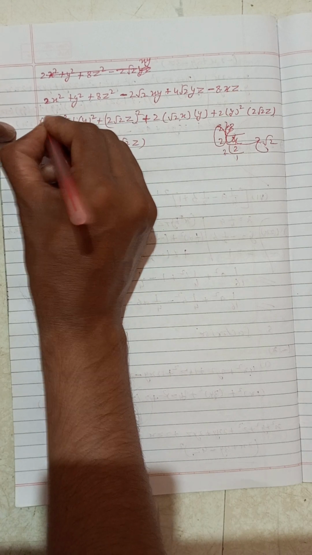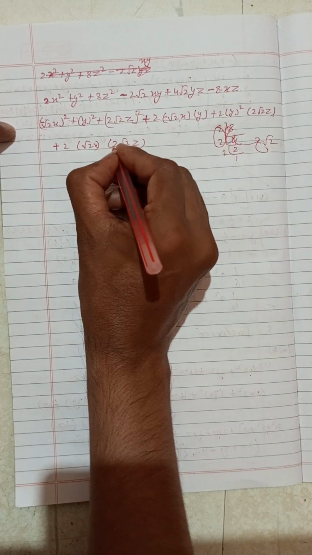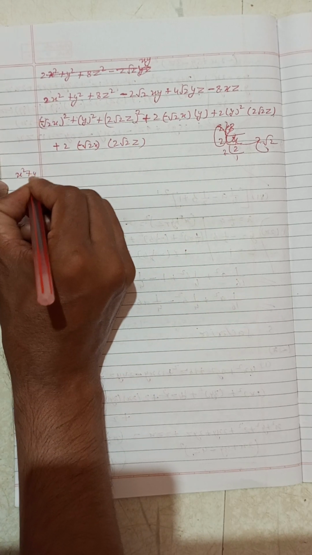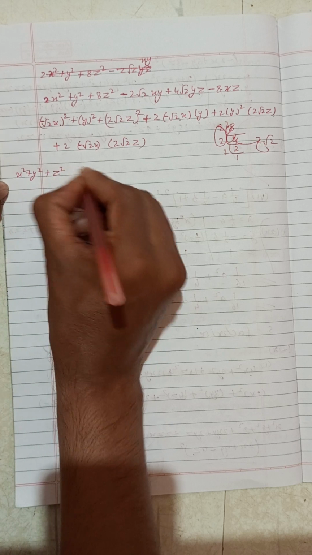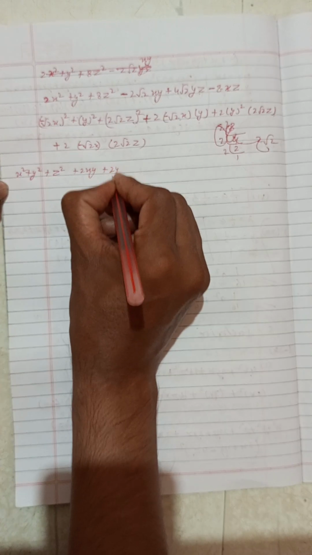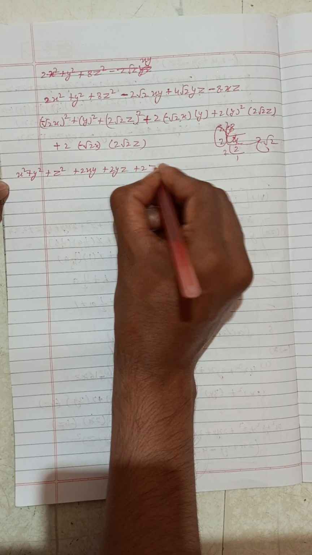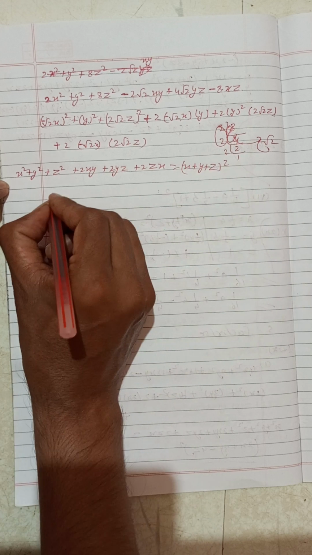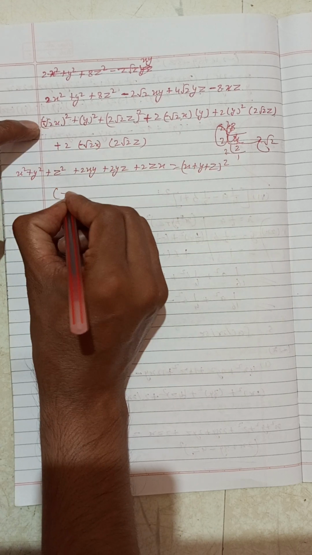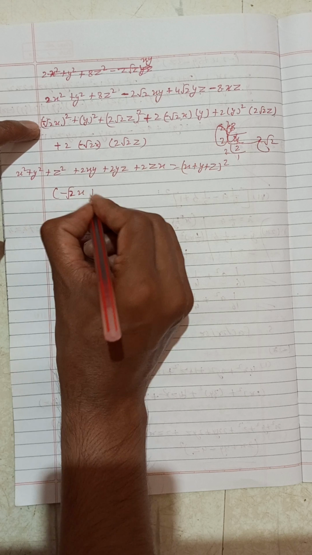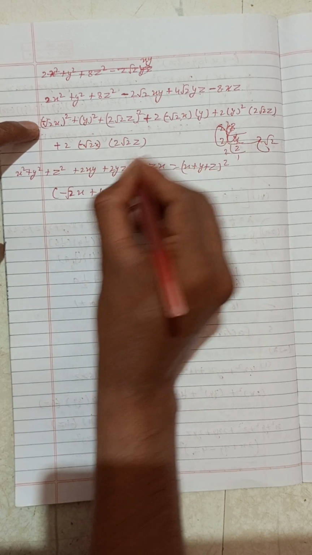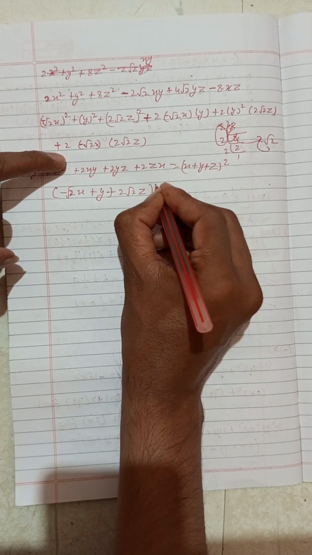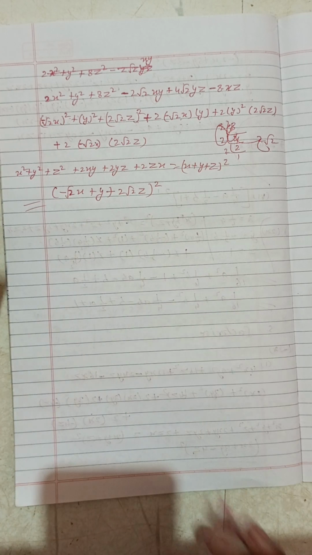Now writing according to the formula: x square plus y square plus z square plus 2xy plus 2yz plus 2zx is equal to x plus y plus z whole square. Now the x value we got is minus root 2x, plus y value y, plus z value 2 root 2 z, and the square is kept. Hence this is the answer of this question.